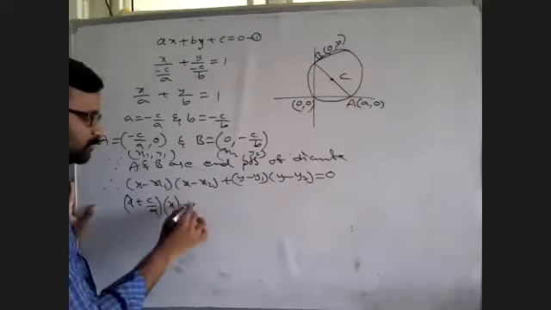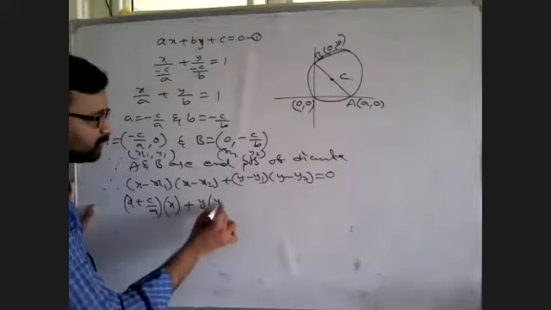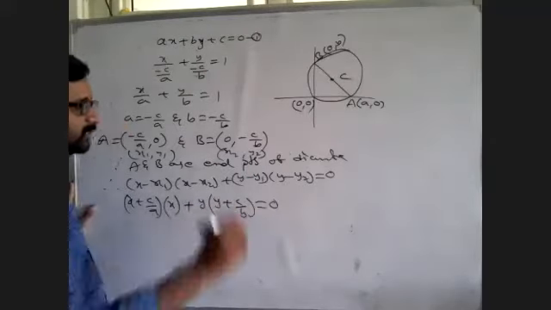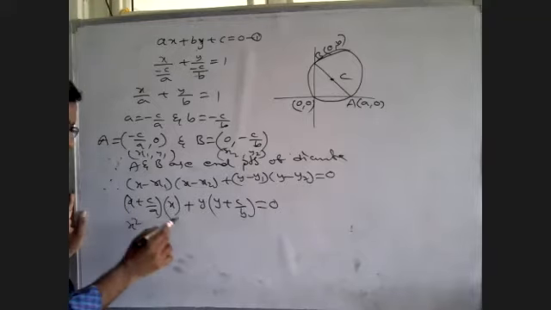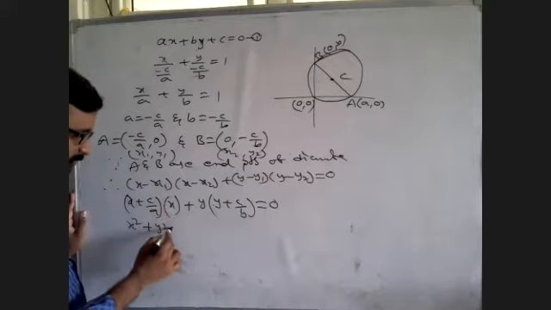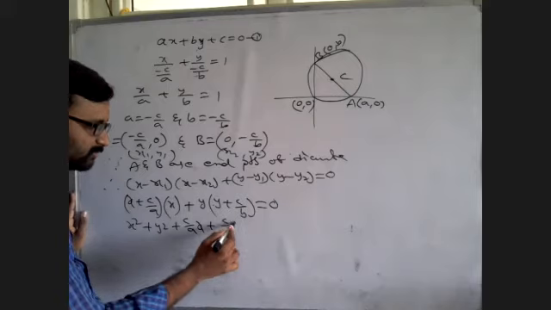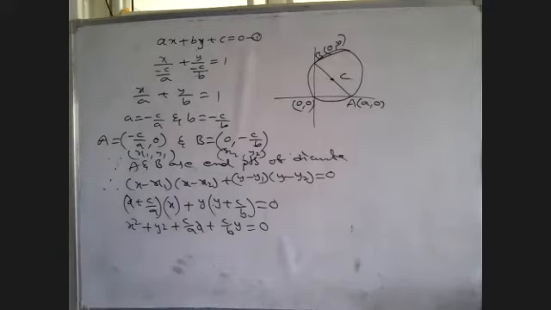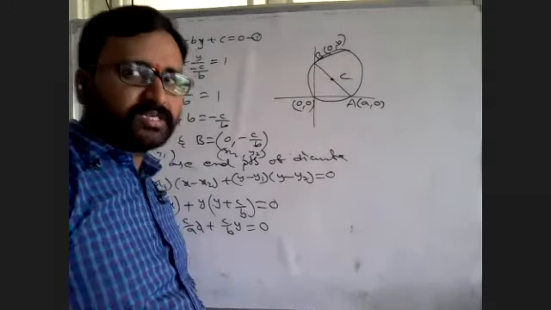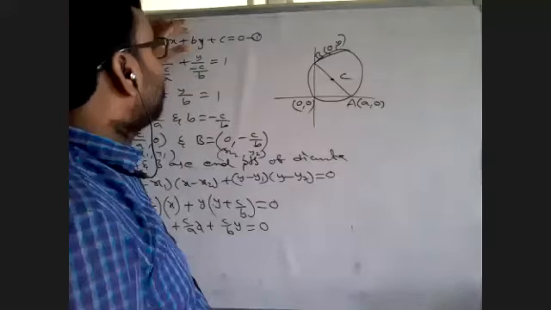Expanding, we get x² + y² + (c/a)x + (c/b)y = 0, which is the equation of the circle. We can take the LCM, but there is no need; up to here is enough. So this is the equation of the circumcircle of the triangle formed by the line and the coordinate axes.